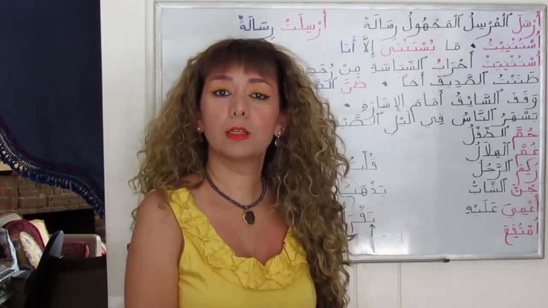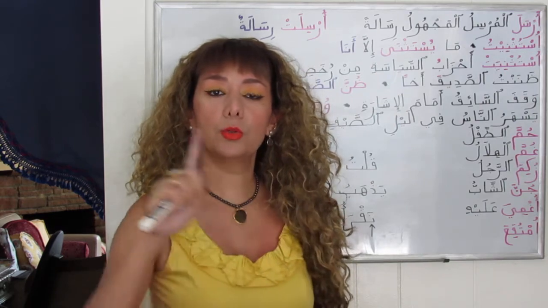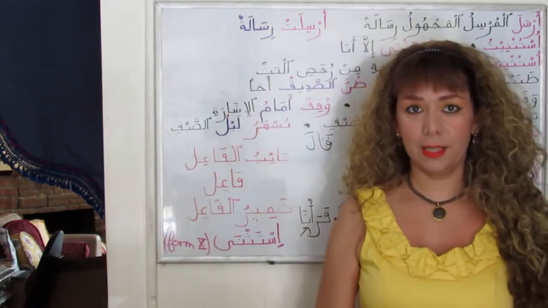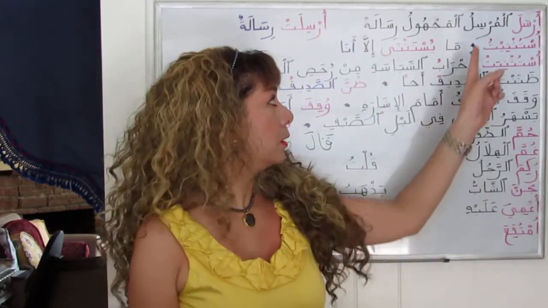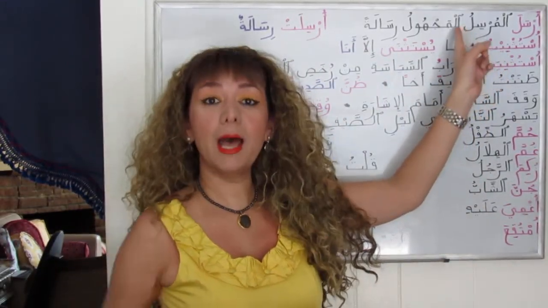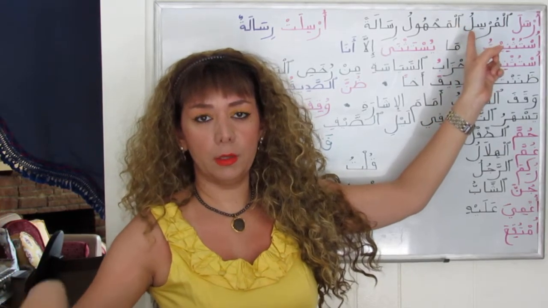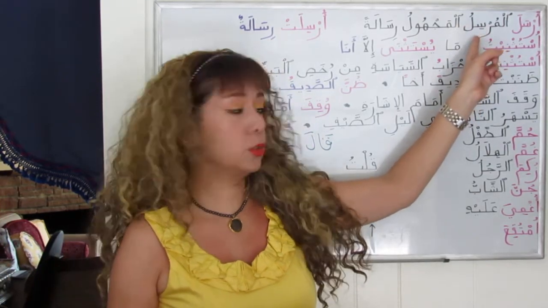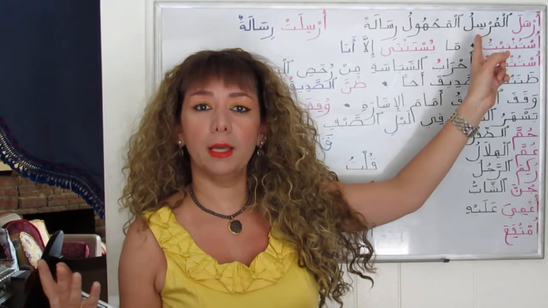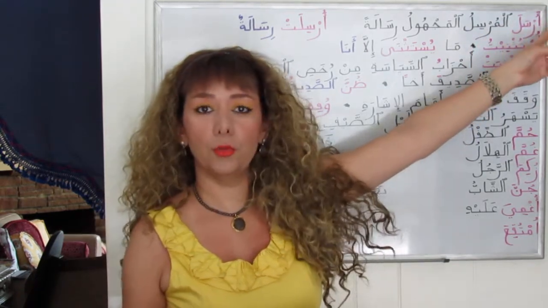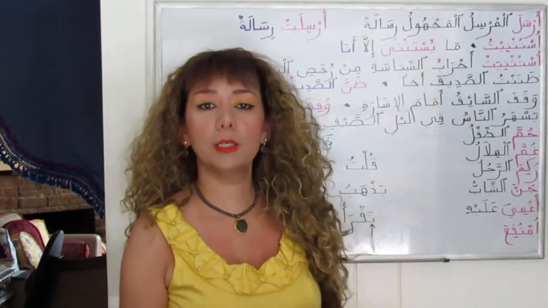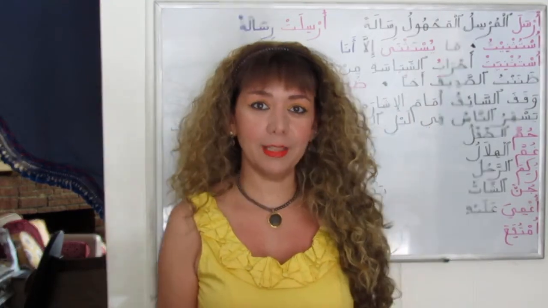So let's convert this to a passive sentence. So we will get rid of the subject and its modifying adjective. If there is no subject, we don't need its modifying adjective. Alright? So we need just the verb and the object to form the passive sentence.